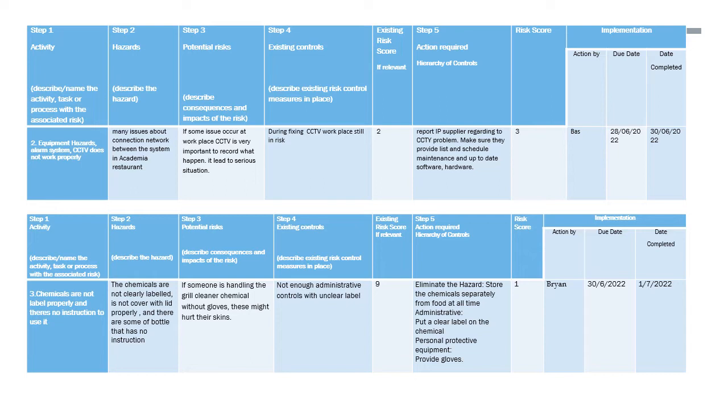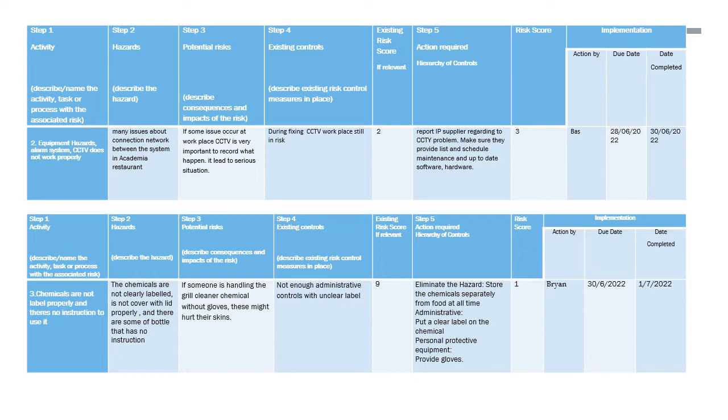If someone is handling grill cleaner chemicals without gloves, they might hurt their skin, because it doesn't say anything on the bottles or some containers. So the staff doesn't know what kind of chemical is dangerous to them.